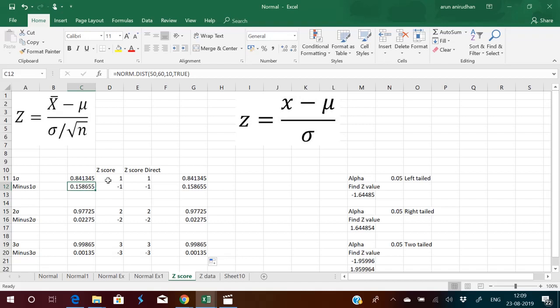So how can you find the z-score from this? You can use the formula NORM.S.INV, the inverse, where you have to give the probability.